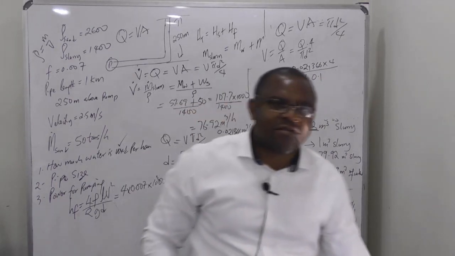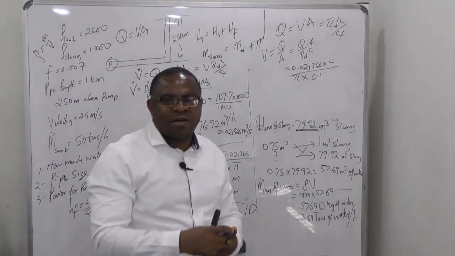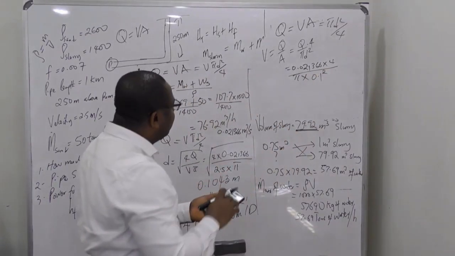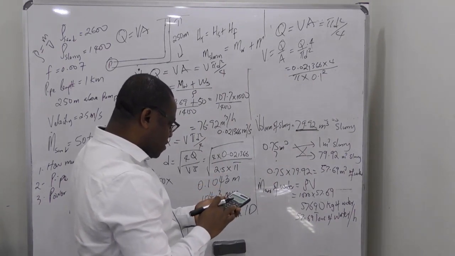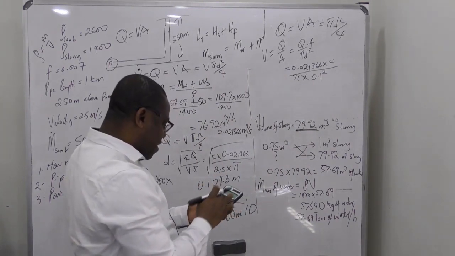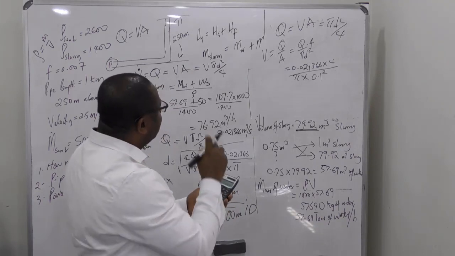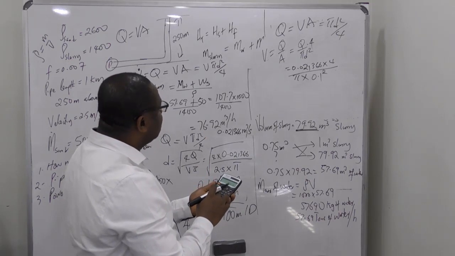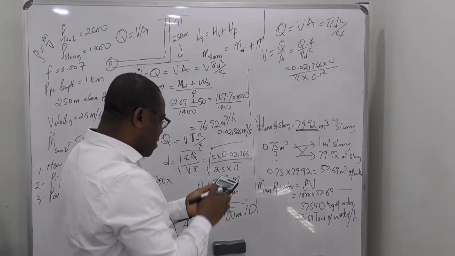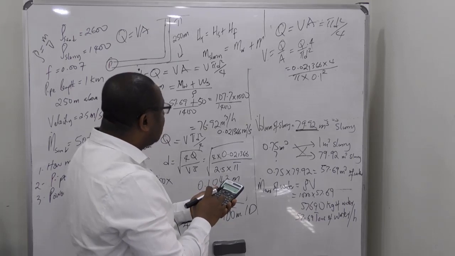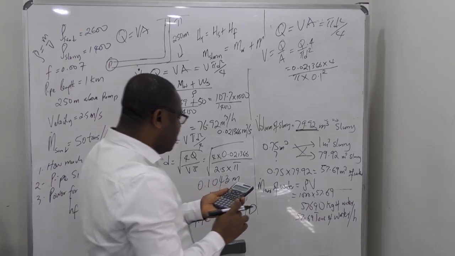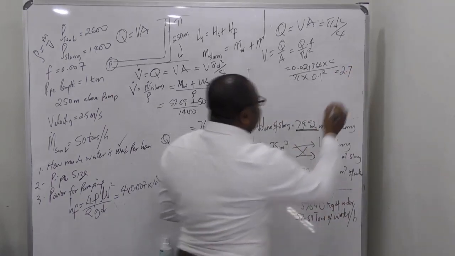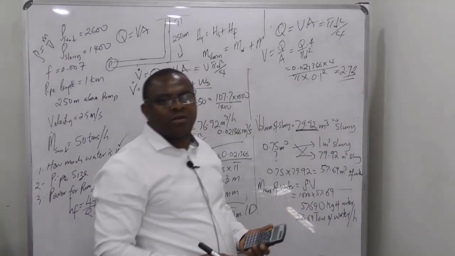So you get that to see what the exact velocity will be: pi d squared, 0.1 squared. So we'll have 0.1 squared times pi. I'll get something, okay, 0.021366 divided by that, now times 4, you get about 2.7. So this is how much? 2.72.